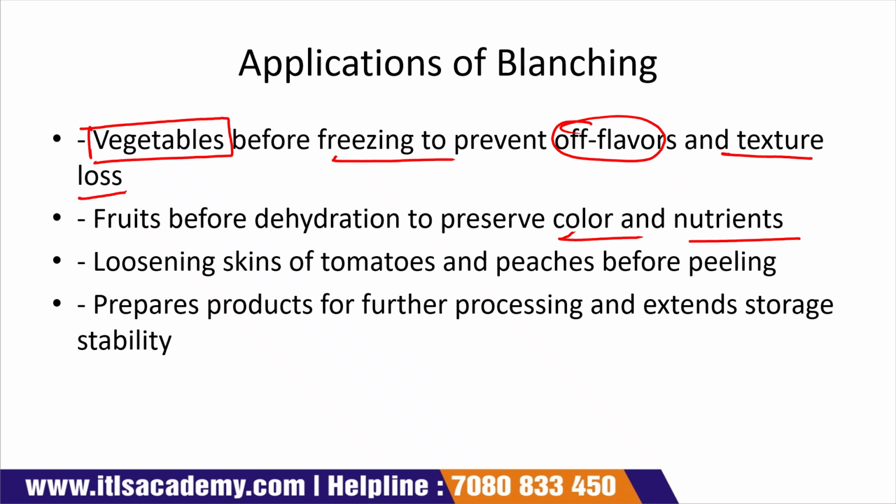If we dehydrate the fruit, we remove the water content from the food. When the water content is removed, obviously the shelf life increases, but if at the same time we apply blanching to that food product, it will preserve the color and the nutritive value.